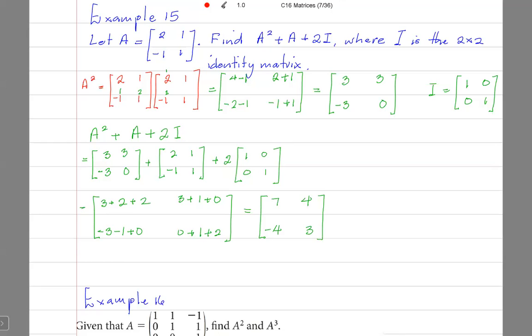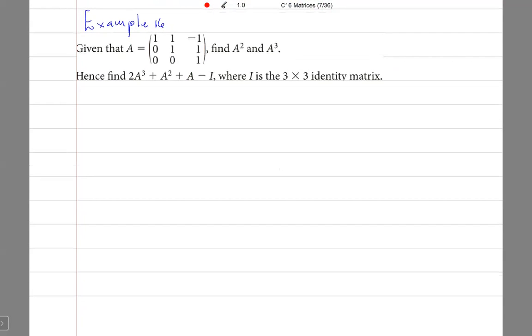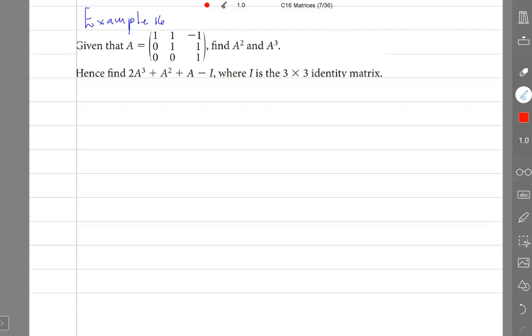Example 16. Example 16 says, given that A is the matrix 1, 1, minus 1, 0, 1, 1, 0, 0, 1, we're to find the matrix A squared, then A cubed, then we're to find 2A cubed plus A squared plus A minus I, where I is the 3 by 3 identity matrix.